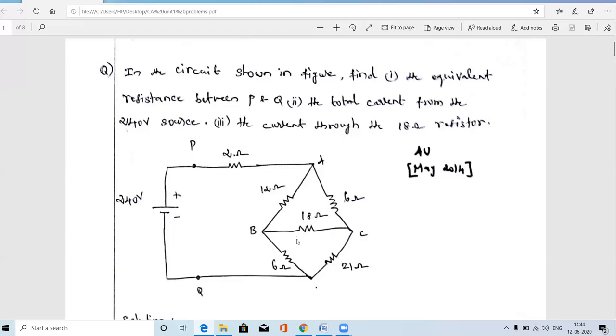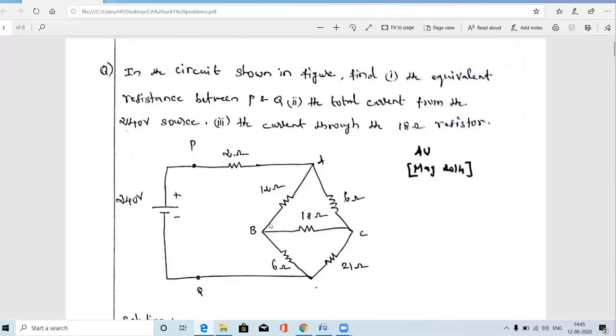If this resistor is not there, these two things may be a parallel combination. But between the node B and C, there are some resistances connected. So this circuit we cannot solve using simply the series parallel combination.